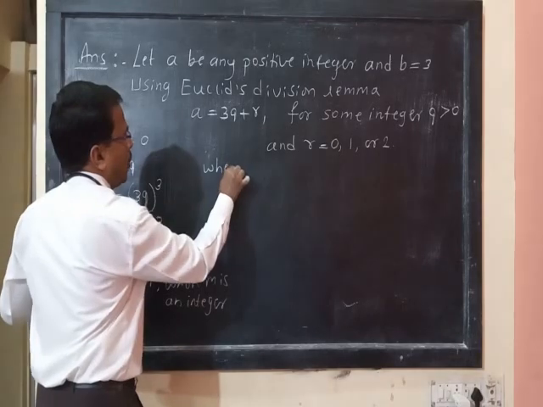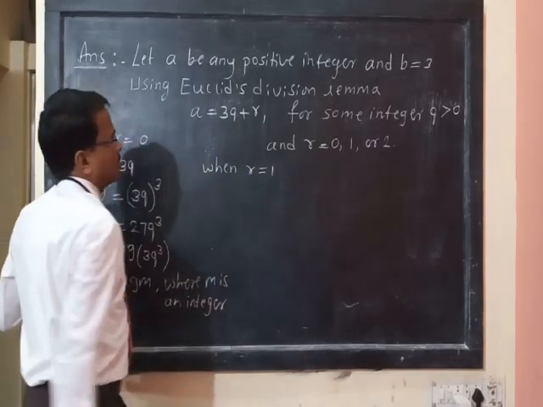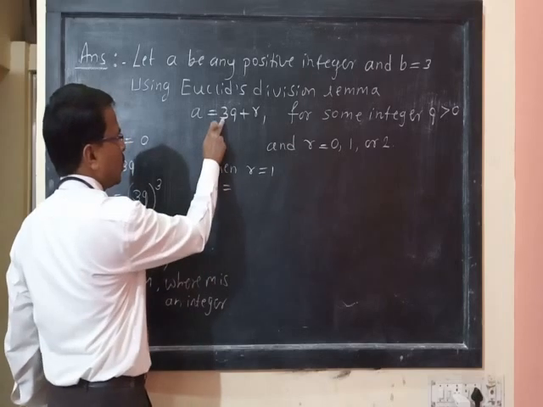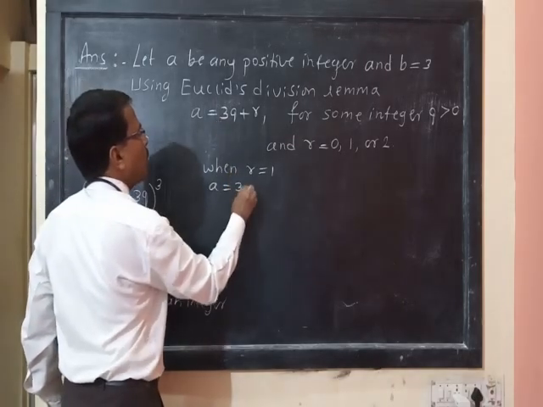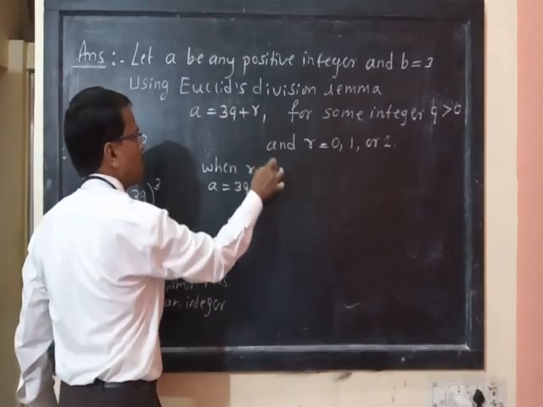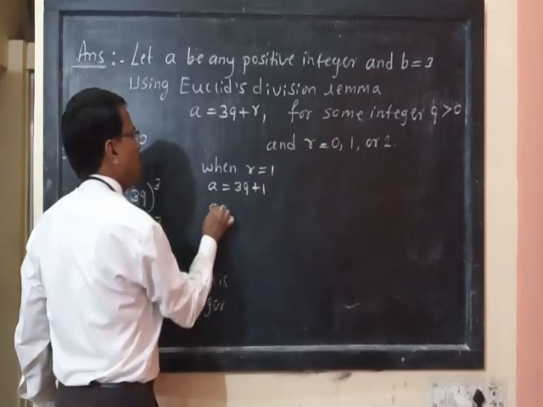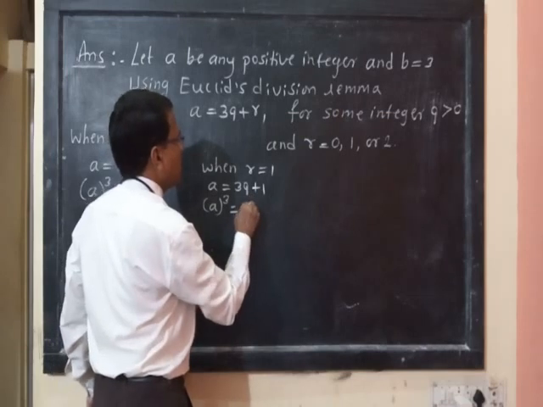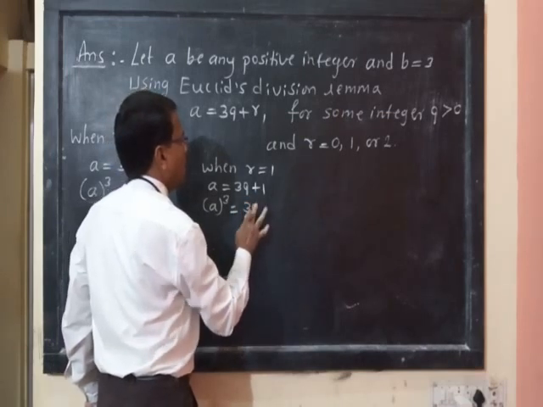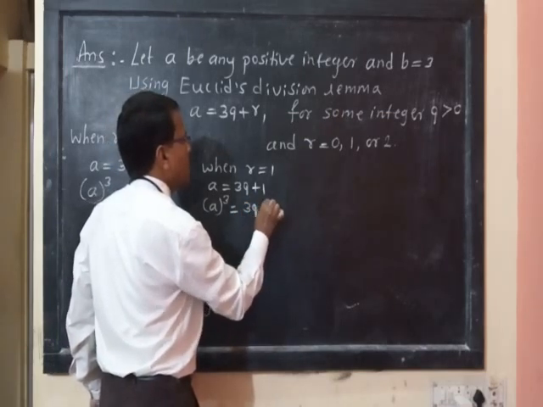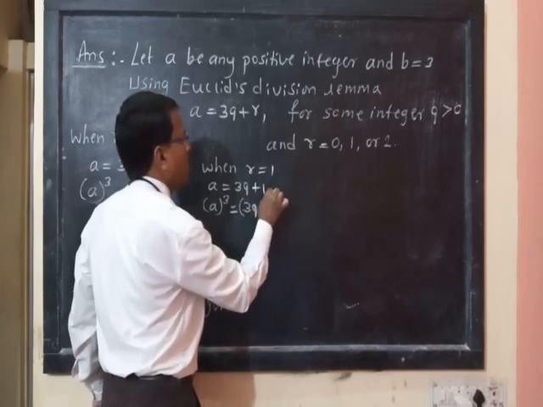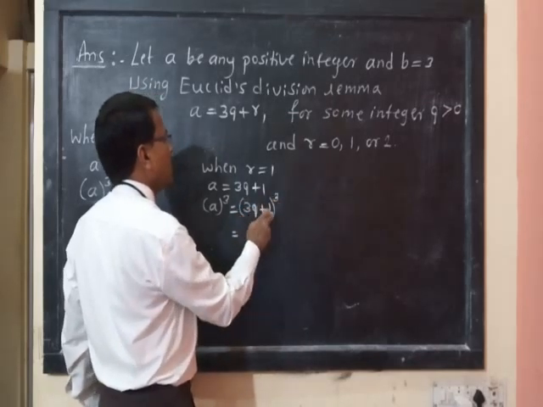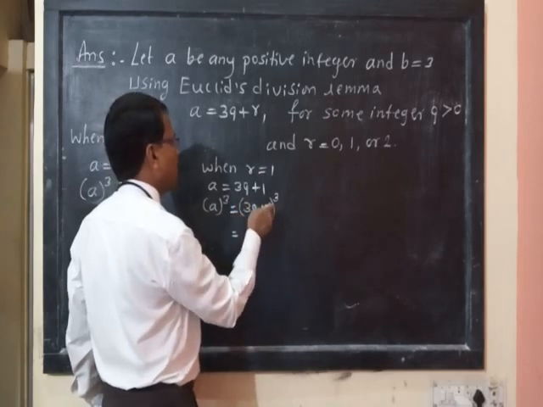Next, when remainder is 1, A becomes equal to 3q plus 1. If I take the cube of this, it becomes (3q plus 1) cube. Here the form is a cube plus b cube plus 3ab into (a plus b).